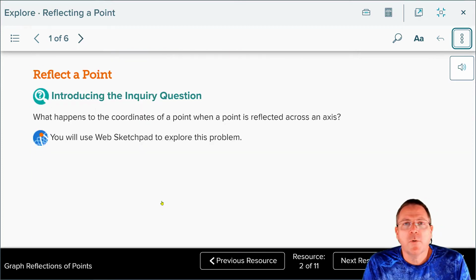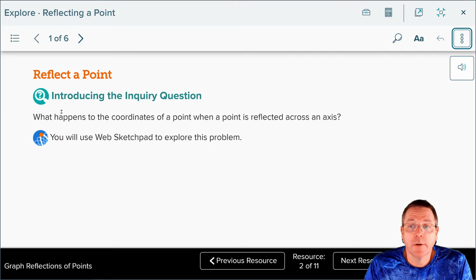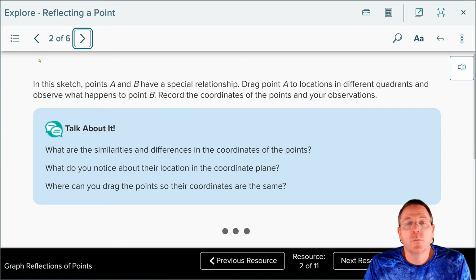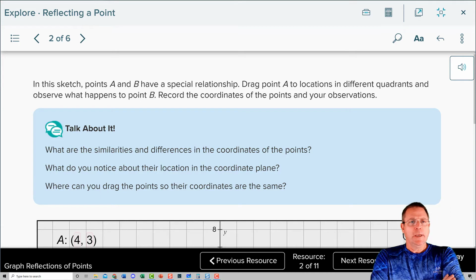So our introductory question says, what happens to the coordinates of a point when it's reflected across the x-axis? To walk through this, we're going to use a web sketchpad just to see what's going to happen. In this sketch, points A and B have a special relationship.